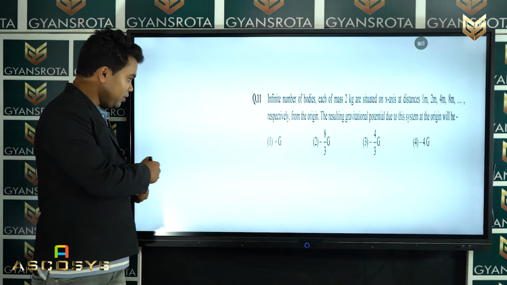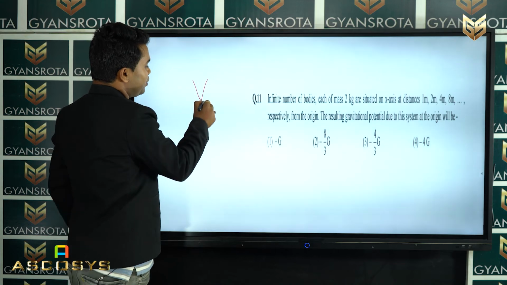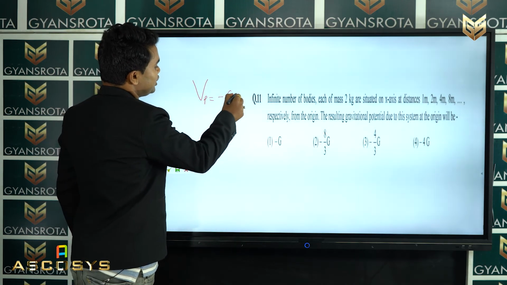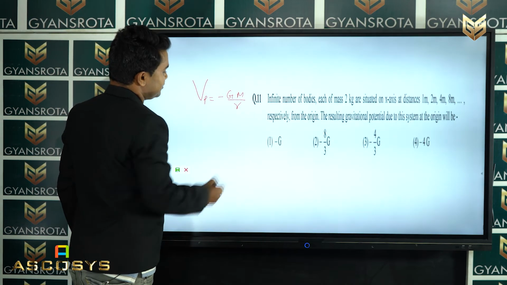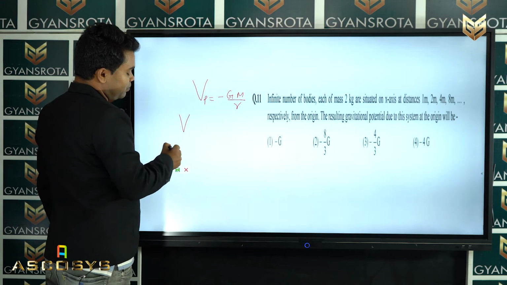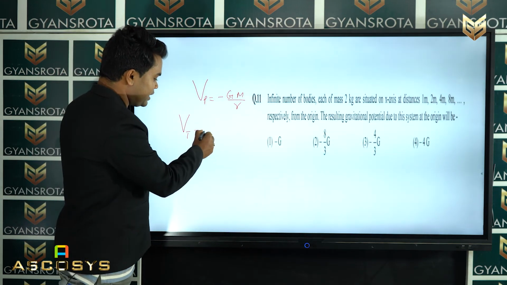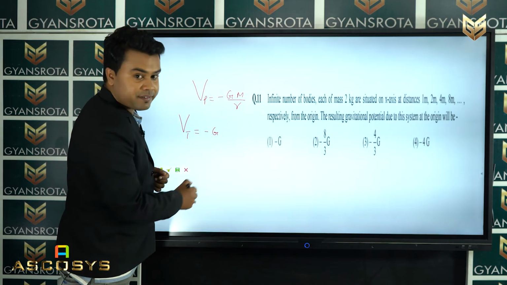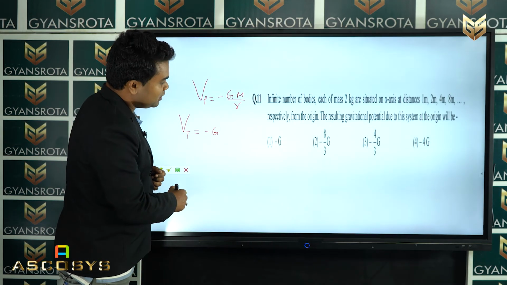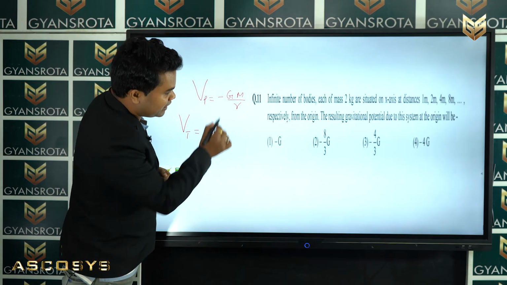So what we know about gravitational potential at a point is that it's given by minus GM by r. So the total potential will be, how are you going to find this one, as minus G, first mass is given to be how much? Yeah, it's given 2 kg.